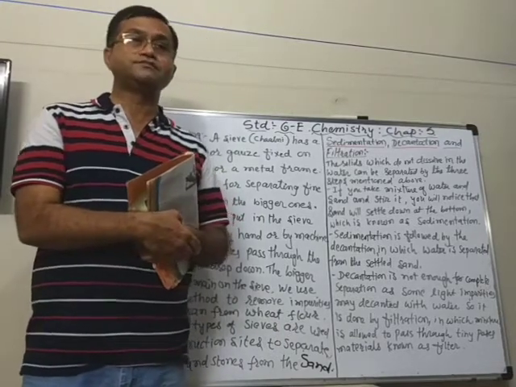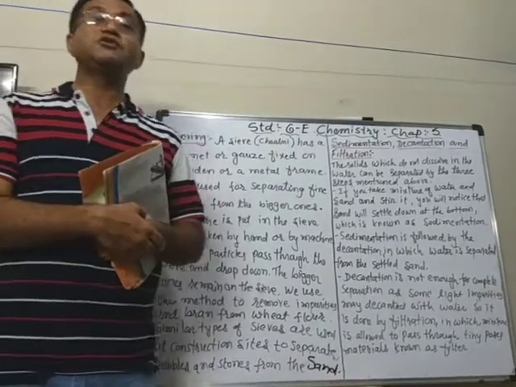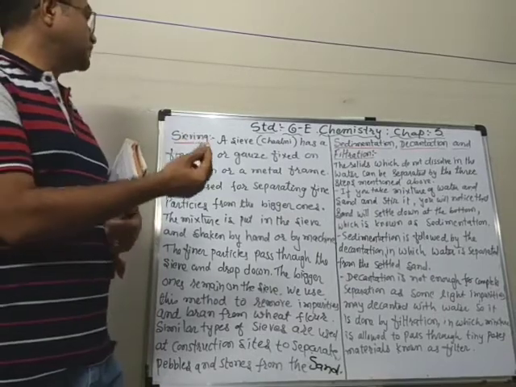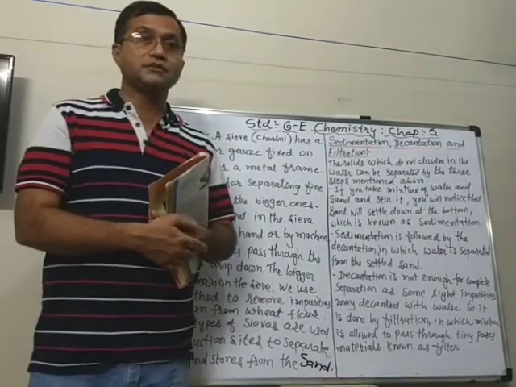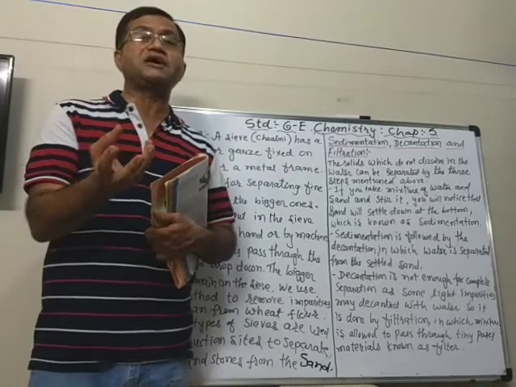What do we take? What do we use for that? We use a sieve, or we call it charni. In Gujarati we call it charni.